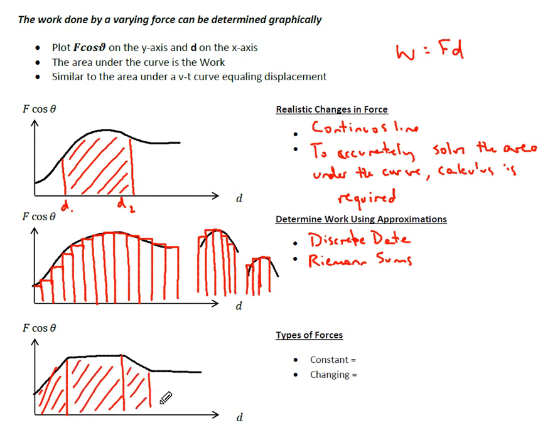We get some nice, easy geometric shapes which you can solve for. Constant force is just a horizontal line, and changing force has a non-zero slope. So you can solve for the different geometric shapes that we know: triangles, trapezoids, rectangles, squares, etc.